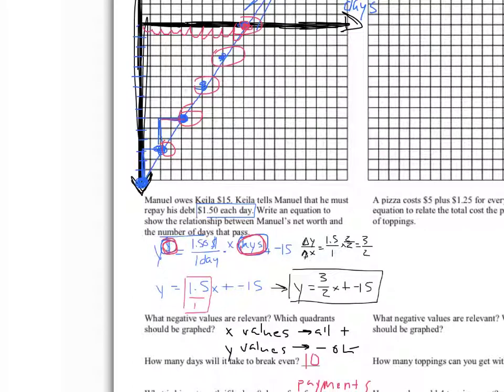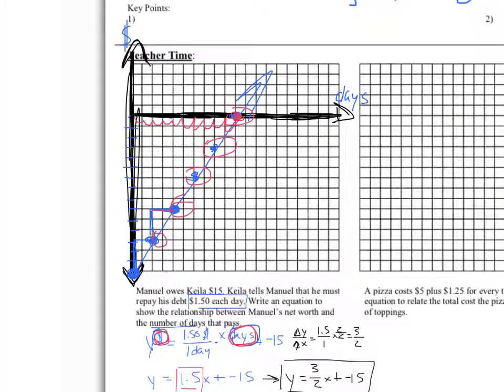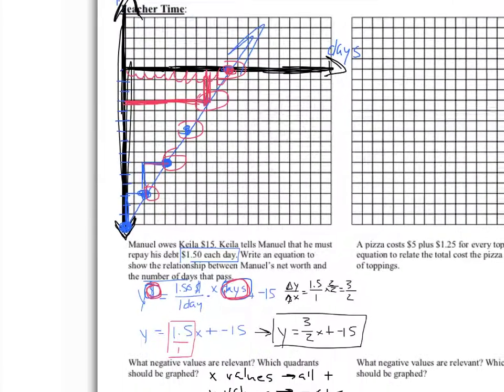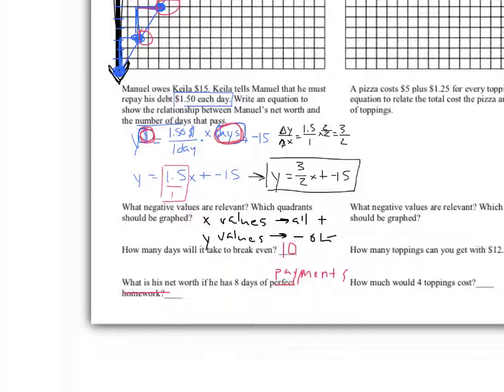So you should be coming over to 8 days, which we know is 2 days away from 10, and you should be figuring out where that point is on your line. What is his net worth after 8 days? William? -3. So we see we came down from 8 days, we hit our line, we came over and we read that was at -3. He still owes Kayla $3.